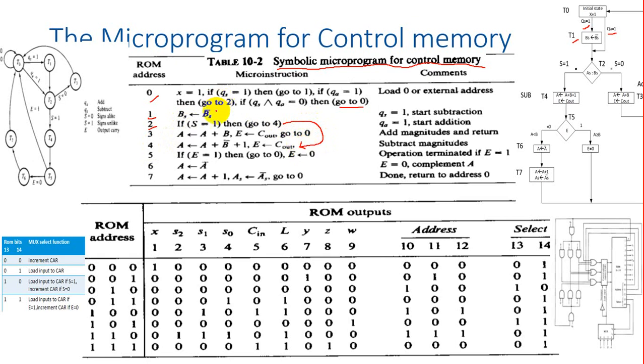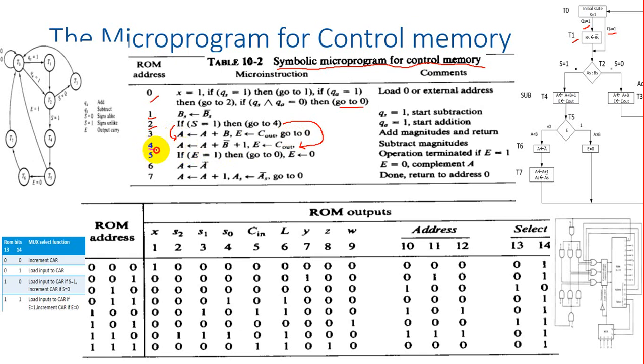But if the condition is false, we don't go to T4. We come to T3, the next line. That means if the condition is false, come to the next line. On the next line we perform addition, and the job is done. We go to T0.